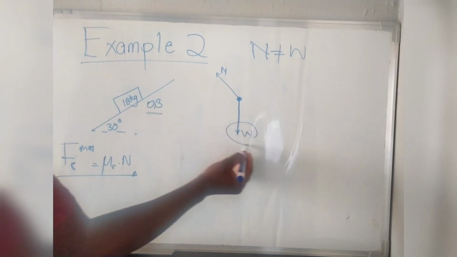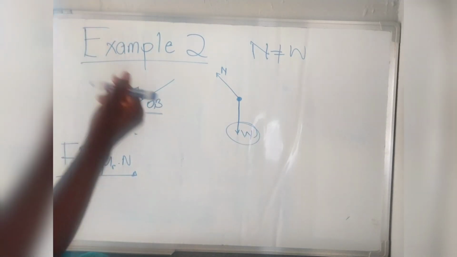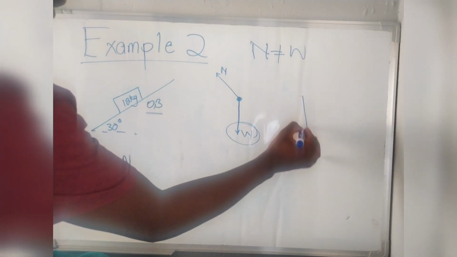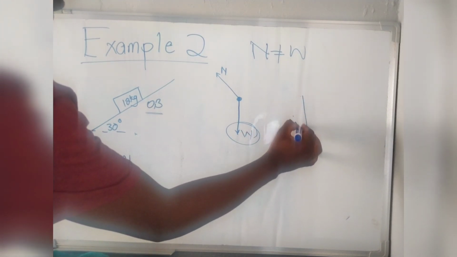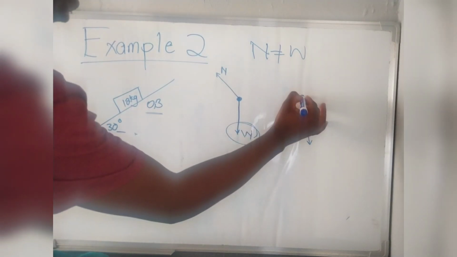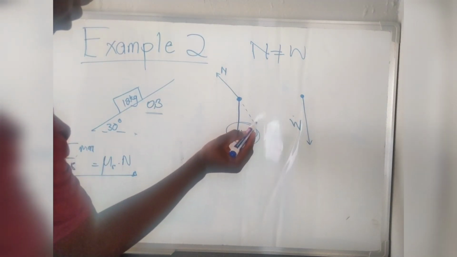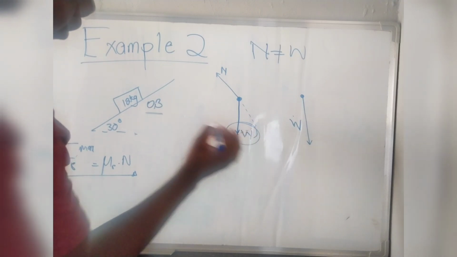So what we're going to do is resolve this into its components. So this is the weight, right? Let it have a component that is going like this and a component that is going like this.